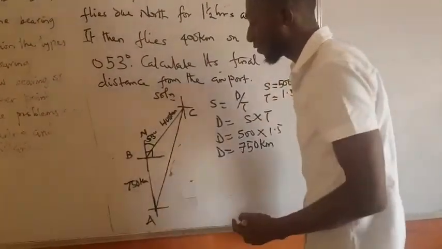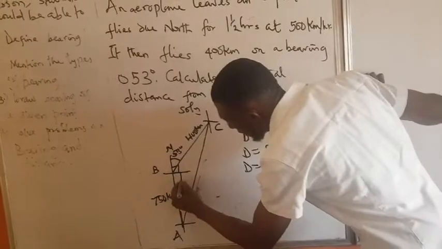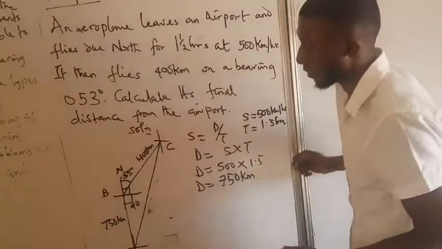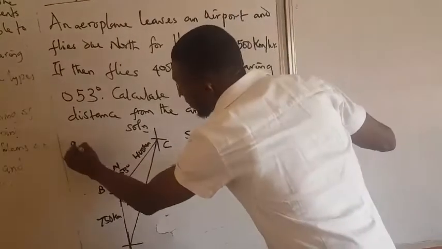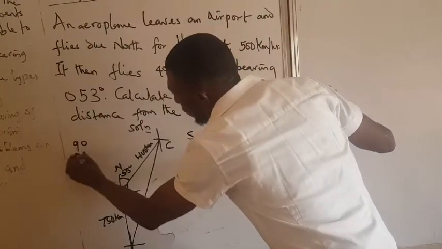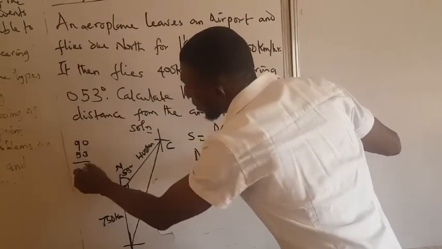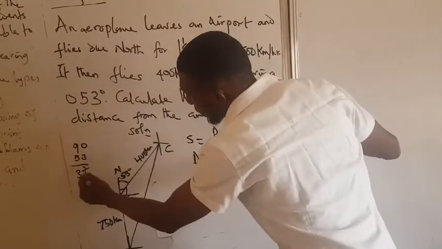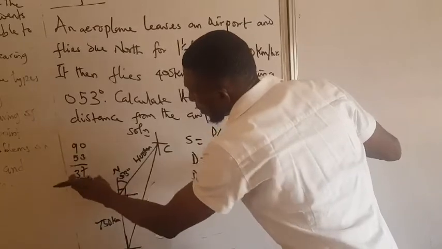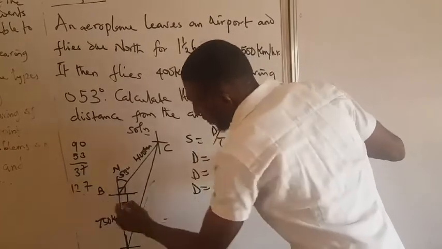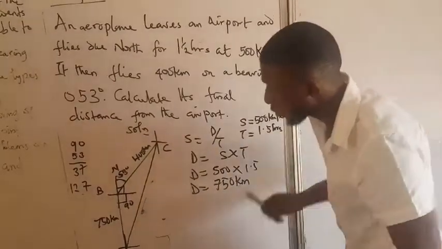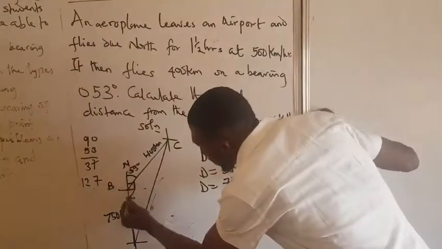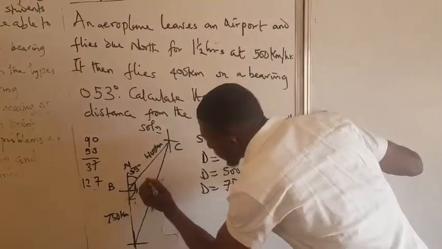If you remove 53 from 90, we have 37. 37 plus 90 gives 127. Therefore, the total angle at B is 127 degrees.